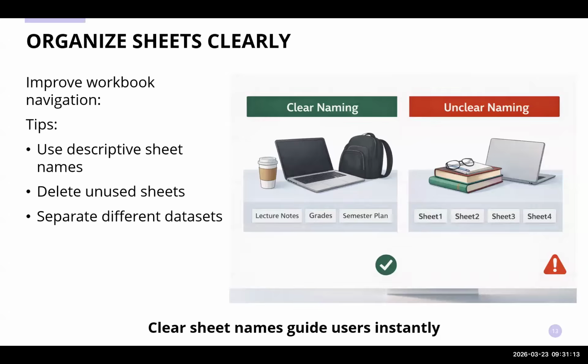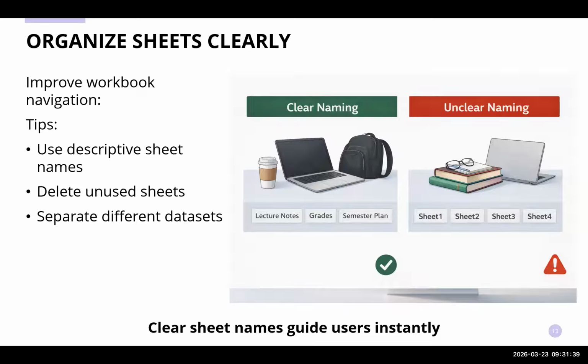Okay. So now that we've covered merge cells, tables, headers, and blank spaces, it's time to talk about organizing your entire workbook. Even if every table is accessible, navigating a workbook with multiple sheets can be confusing if it is not organized clearly.